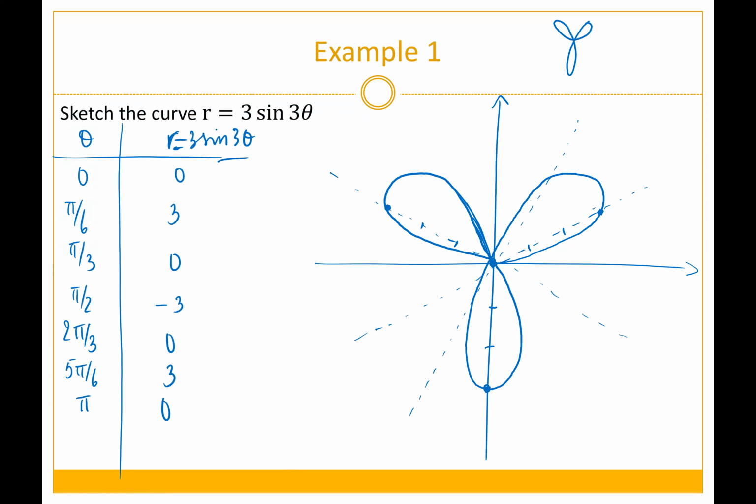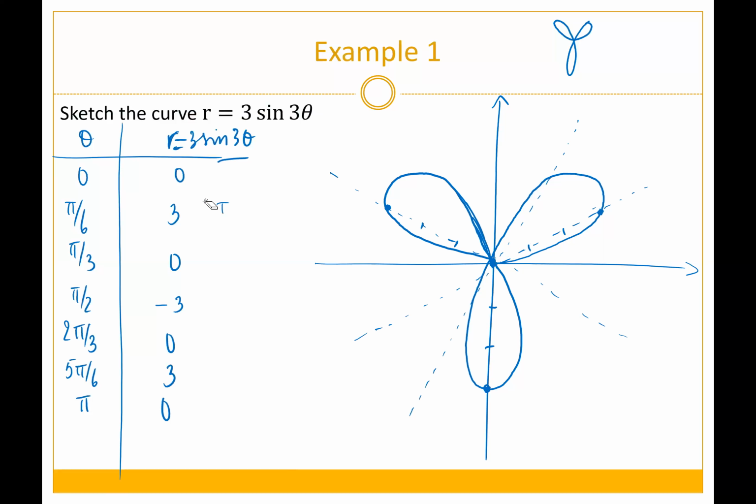If you want, you can expand to more angles. What I'm missing here is something between 0 and pi over 3, so maybe put in pi over 4. Let's see what it gives us.